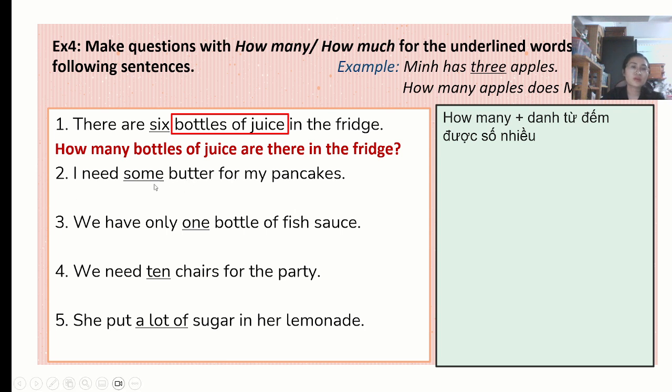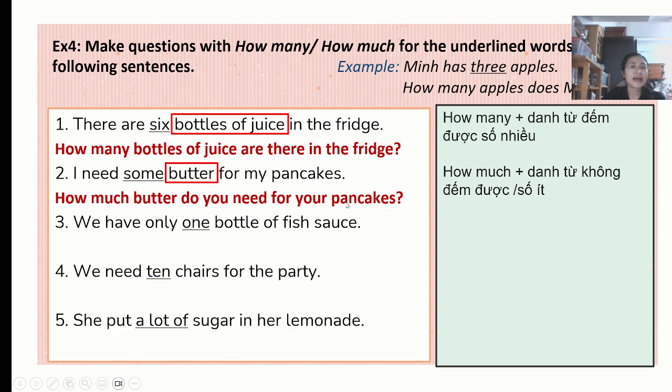Number 2, look at this. Some butter. So, this is an uncountable noun. We need to use how much because after how much, we can use an uncountable noun. Our answer is: How much butter do you need for your pancakes?